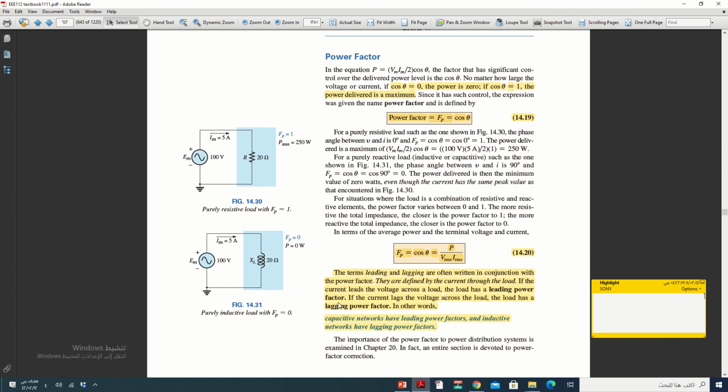Always when you write a power factor, for example 0.5, 0.6, 0.4, you need to write directly whether it is leading or lagging. If you say leading, this means the current leads the voltage. If you say the power factor is lagging, this means the current lags the voltage. Our reference is the current here, always in the power factor.